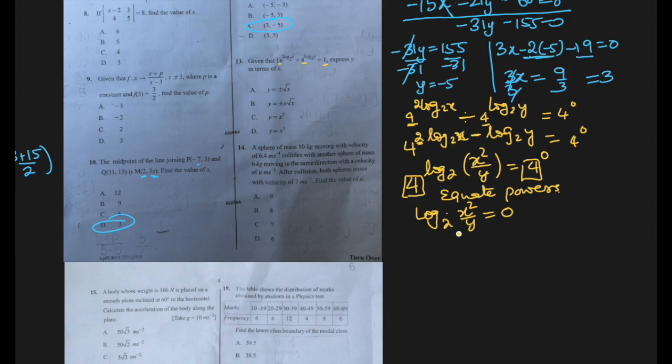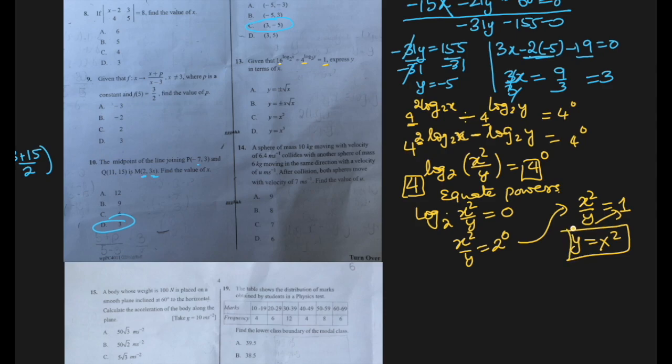And if I want to get rid of log, x squared over y becomes 2 to the power 0, which is 1, correct? So what does this give us? x squared over y is equal to 1. y goes and multiplies with x, so y is equal to x squared. This is y in terms of x.